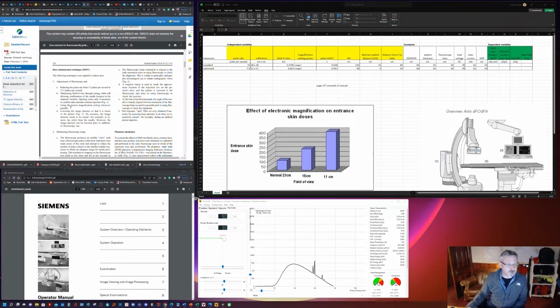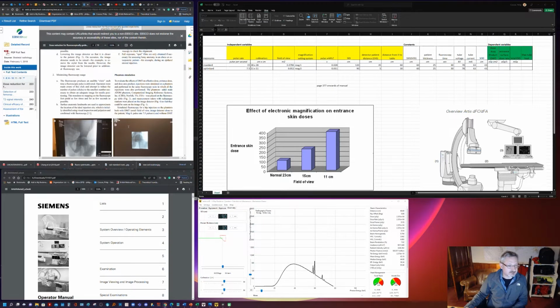So they're choosing not to use the mag system, and they're lowering the image detector so that it's closer to the patient. So the detector here, what they were doing in the standard, apparently, is they were leaving that with a big gap between the patient lying on the table here and the detector.